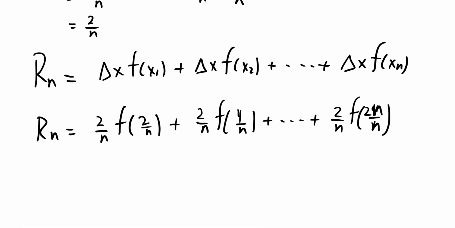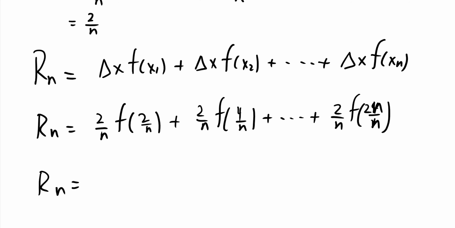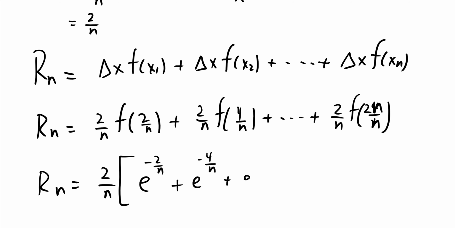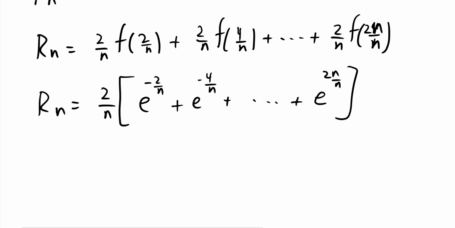Then we can factor 2 over n out. The function evaluated was e to the negative x, so that would be e to the negative 2 over n plus e to the negative 4 over n plus and so on, plus e to the negative 2n over n.